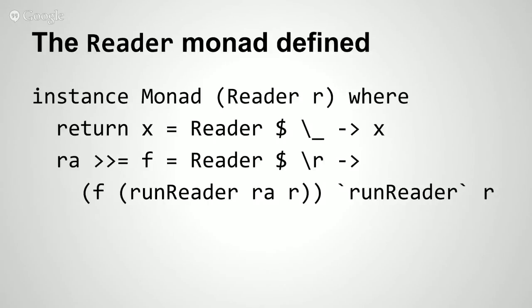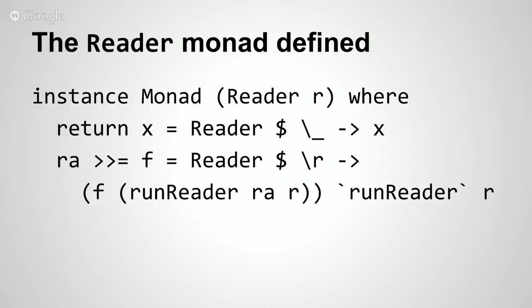And here's the definition. return x, as you might expect, is the reader that doesn't read the configuration. It just always returns x. And then to do ra >>= f, that's the reader that first runs ra, because that's an action, with the reader state.